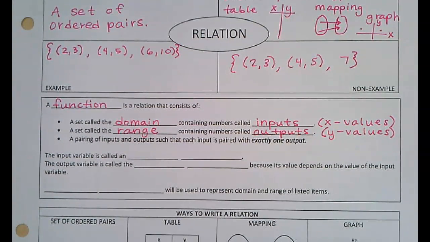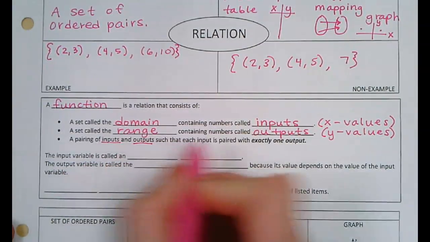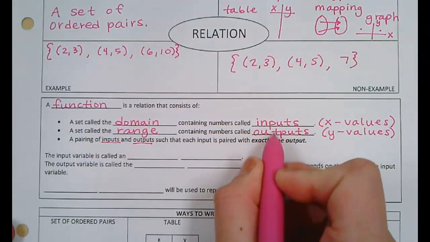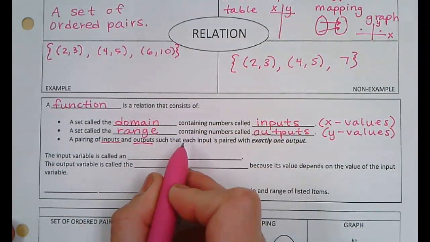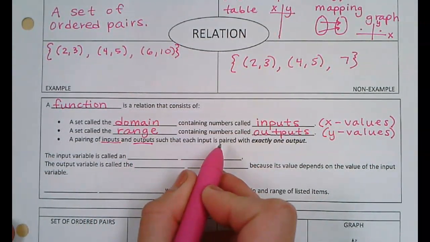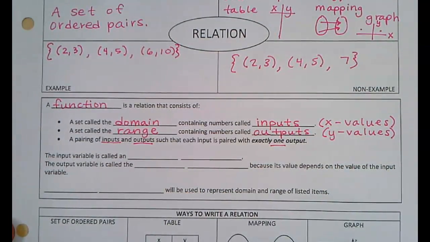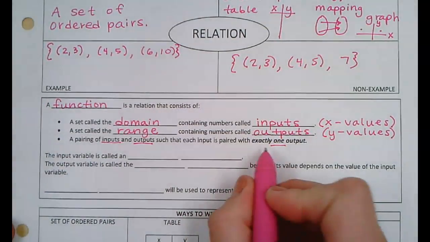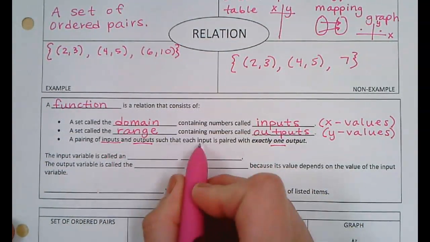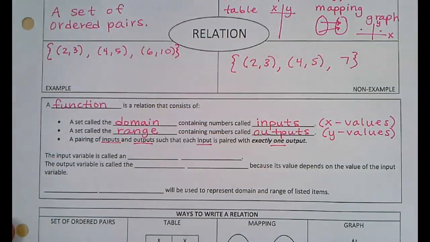Now, in order to be a function, this pairing of your inputs and outputs, or your X values and Y values, is such that an input is paired with exactly one output. That's going to come in really handy for our function definition. We can only have inputs and outputs so that each input is paired with exactly one output.